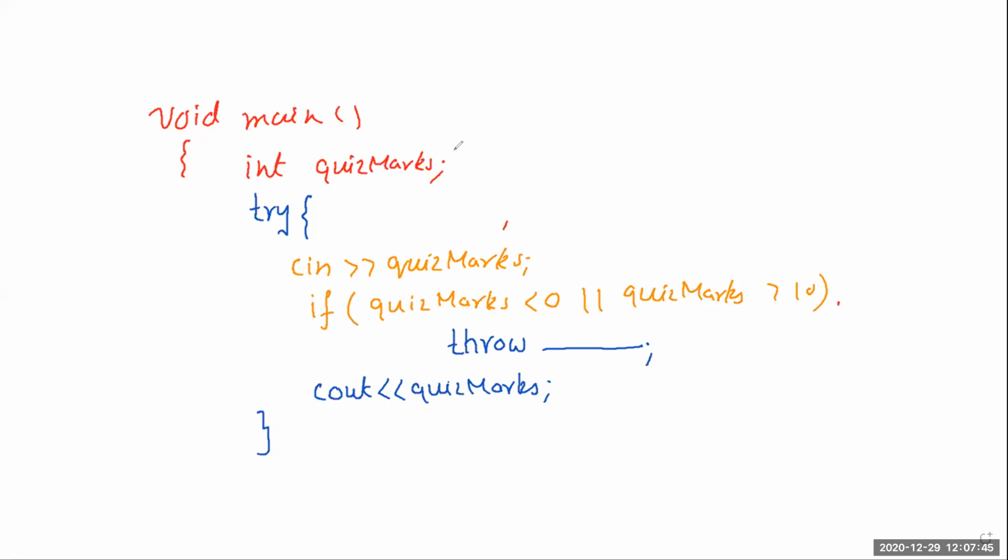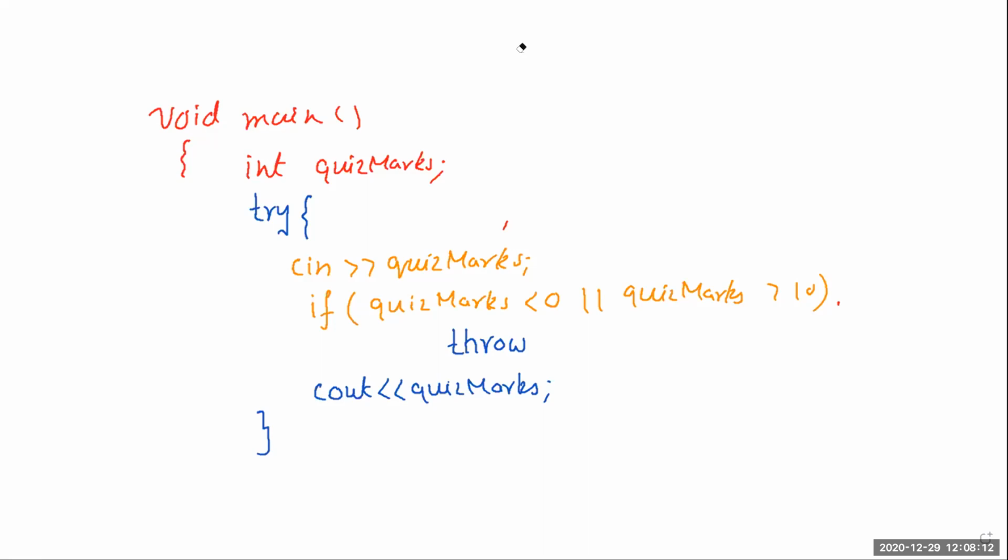For example, you can throw an integer, you can throw a float, you can throw any variable, or it can be an object of a class. So here we have to decide what we want to throw. Whenever there is an error, for example, you have entered wrong values of quiz marks, -10 or -5, then we need to give you an error message that the value -5 is illegal.